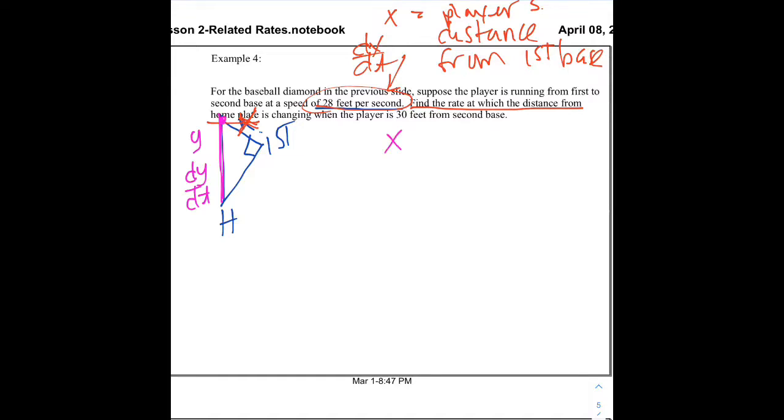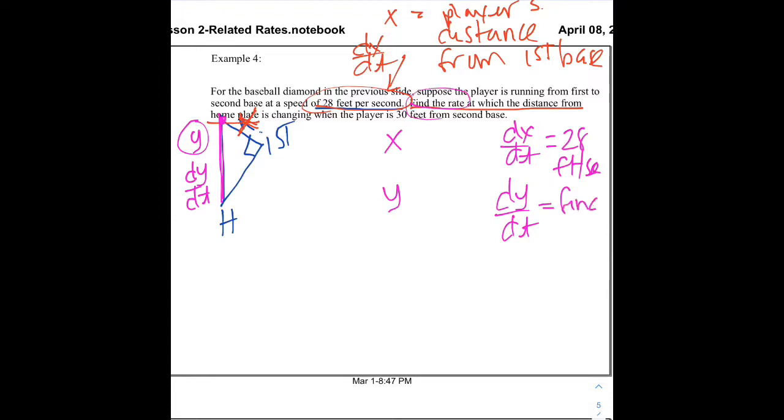I have x, which is the player's distance from first base. y is the distance of the player from home plate. That means I'm going to have a dx/dt in my problem and a dy/dt in my problem. They told me dx/dt was 28 feet per second, and they want you to find the rate from home, so this is what I have to find.